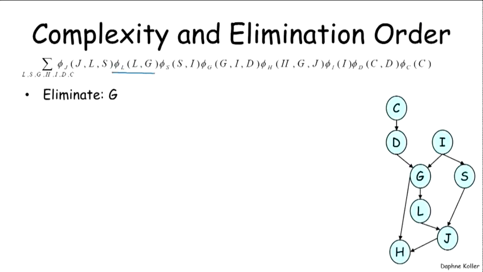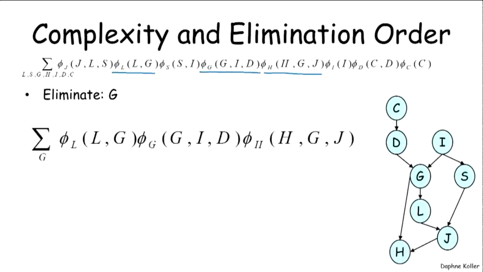Well, phi L of L and G, phi G of G, I, and D, and phi H of H, G, and J. And so if I multiply all these together, it turns out that I now end up with a factor whose scope is, let's see, L, G, I, D, H, and J. So a total of 6 variables.